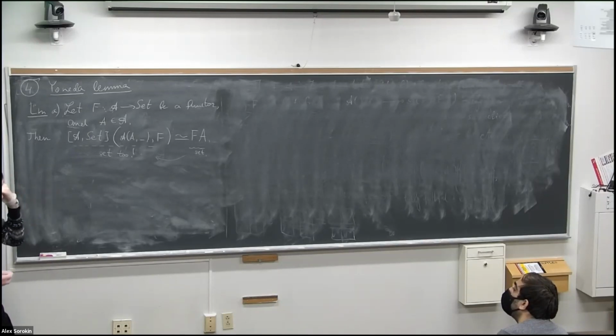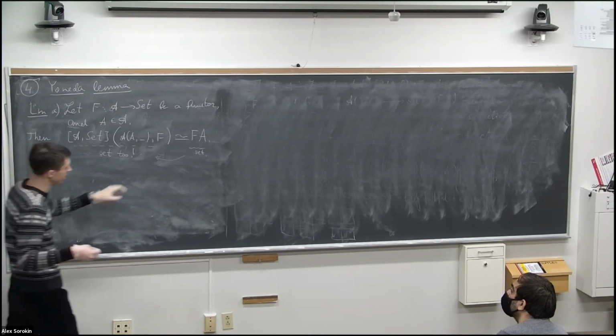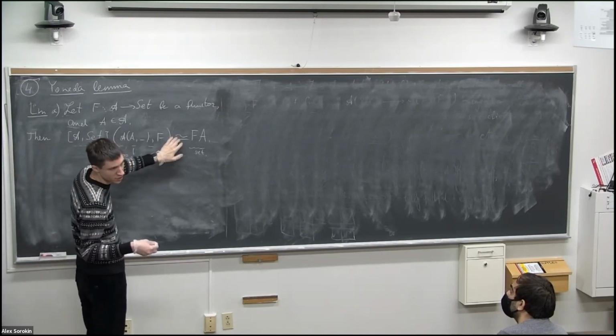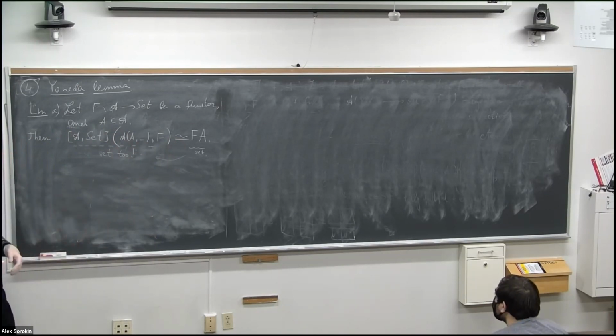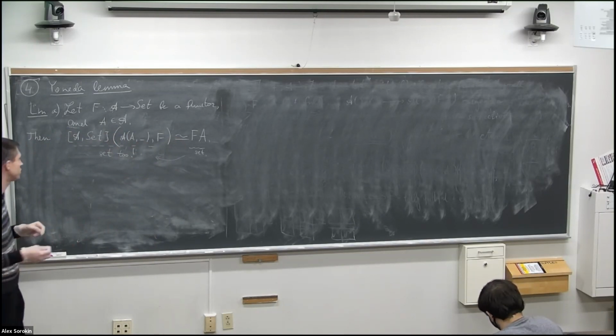It tells you how to construct the isomorphism, the bijection in the category of sets. It's not only that it exists and you go away. It's not the axiom of choice, where something exists and you get lost. Here you can prescribe how it works.